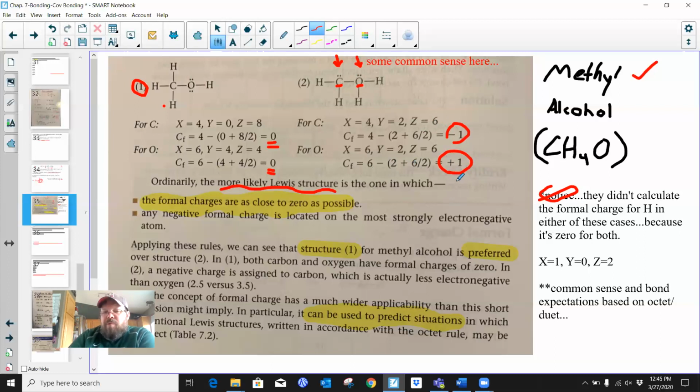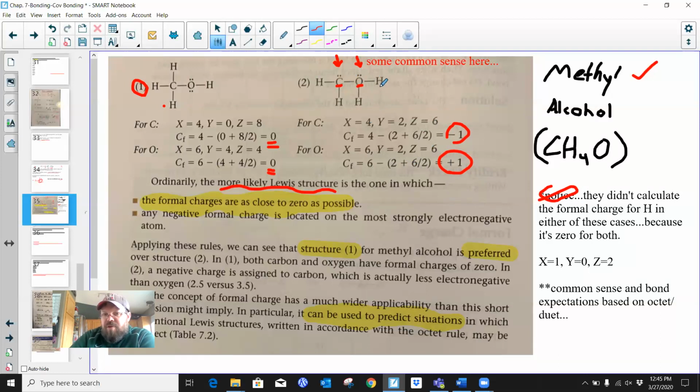Okay. So we have these 2 atoms both having non-zero values for their formal charge. The carbon has a -1 charge. The oxygen has a +1 formal charge. -1 formal charge, +1 formal charge.